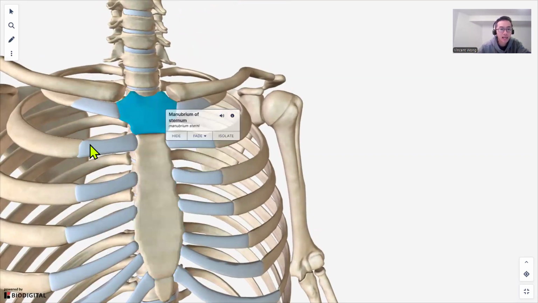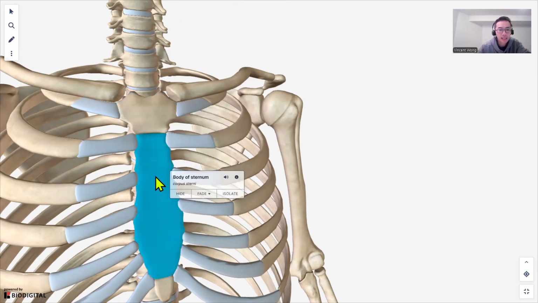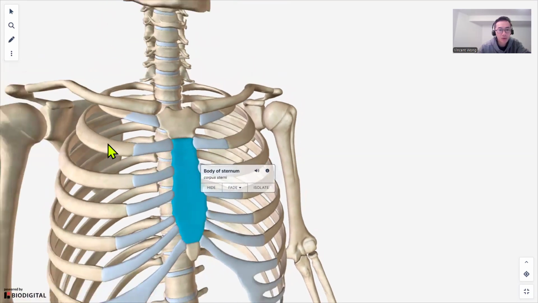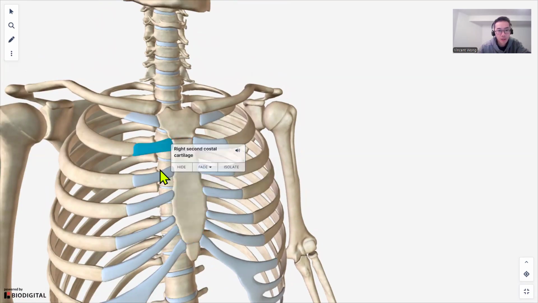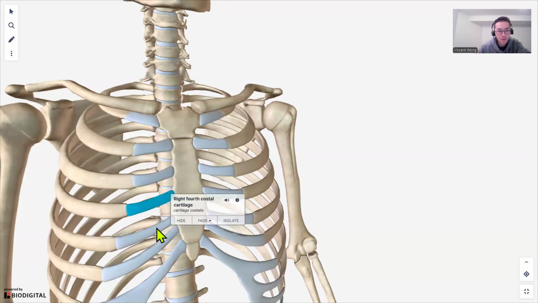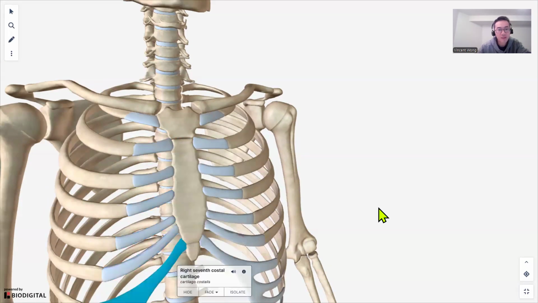So one and two connect to the manubrium. And then the sternum allows the rest of the ribs to connect to it. Number two to seven. What about 8 to 12? More on that in a bit.